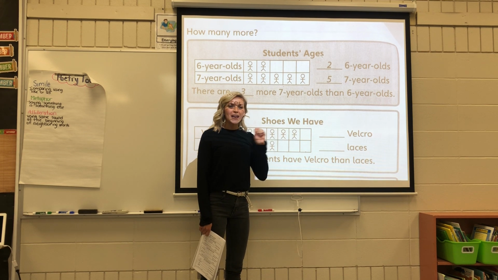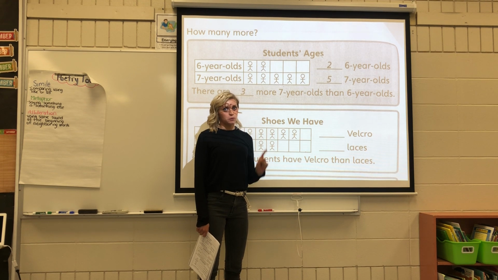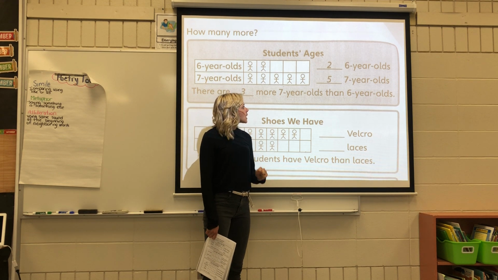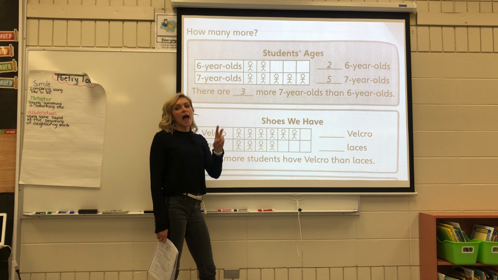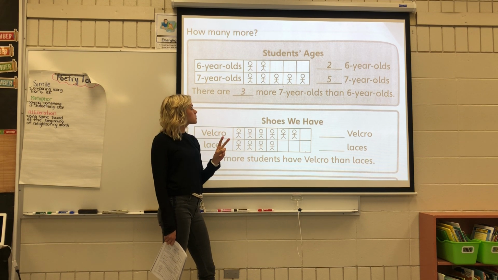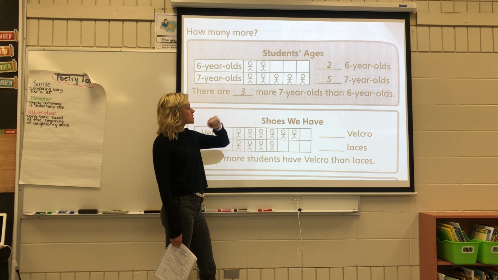All right, so we have to go back and we have to think about when we learned subtraction. And we are going to have to do some subtracting in order to figure this out, because we have 5 7-year-olds and 2 6-year-olds. So there are how many more 7-year-olds than 6-year-olds?